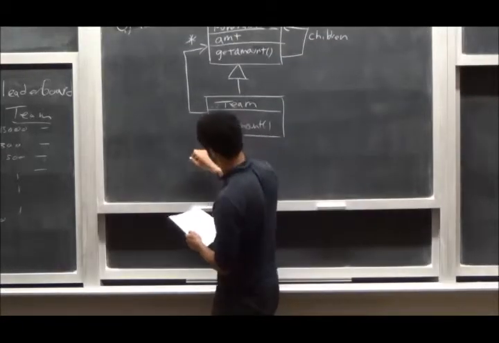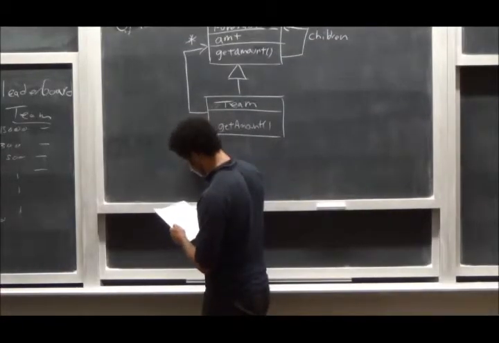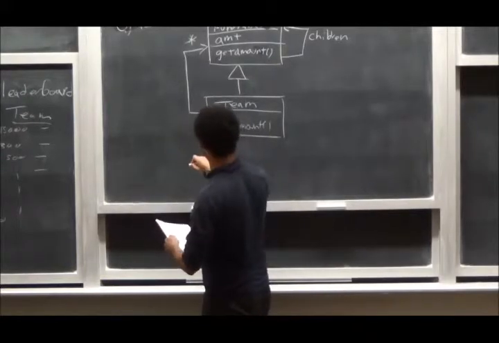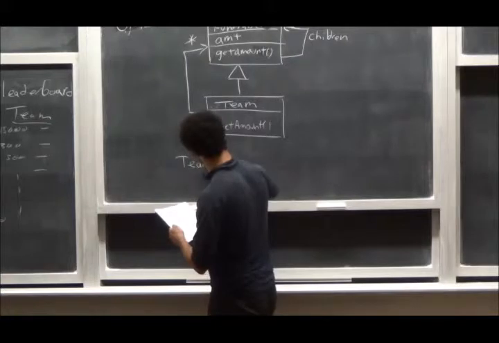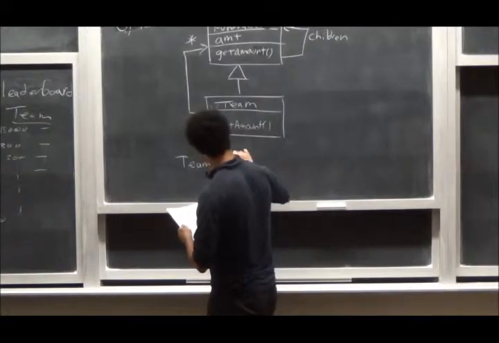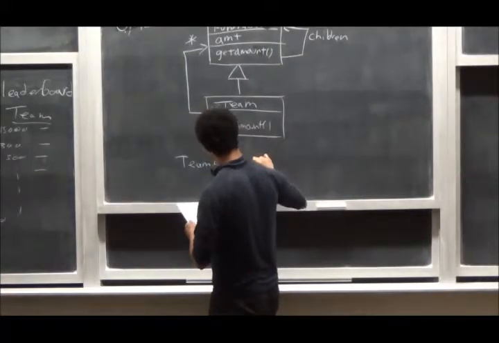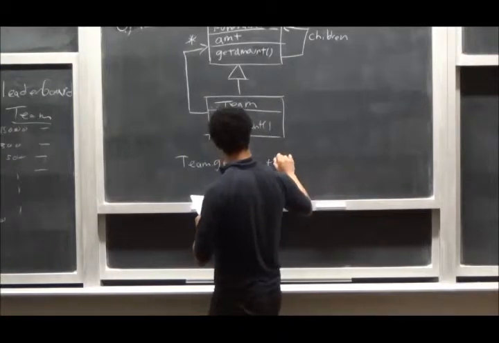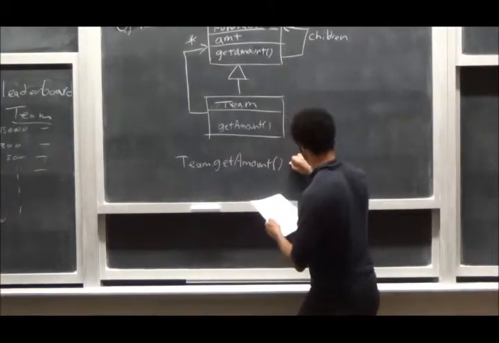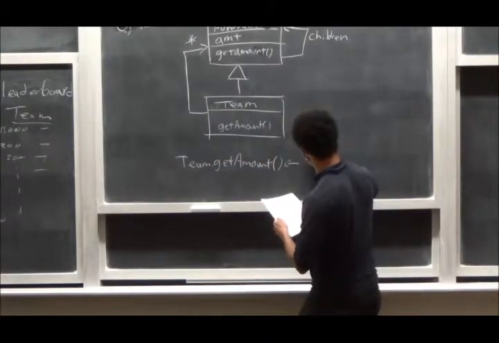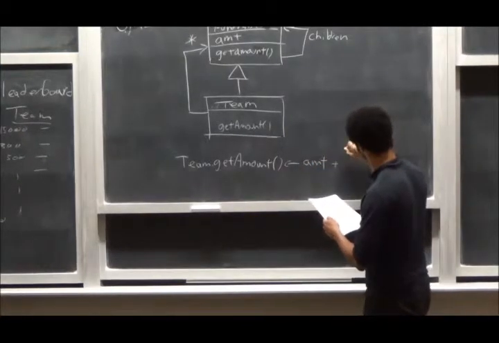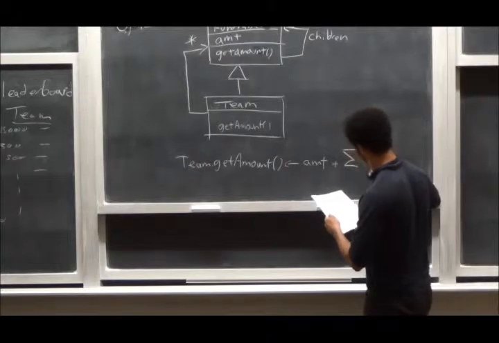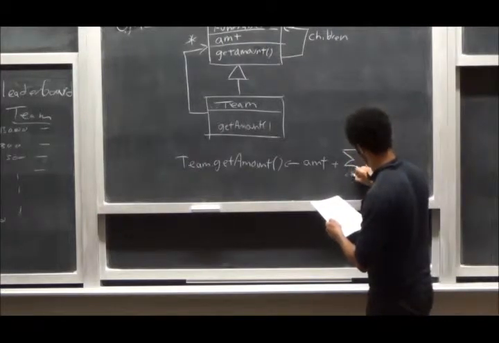They literally had this code in there. I guess since I'm setting it up, you already know it's not the best thing. It was something like the team amount plus the sum of all the children.